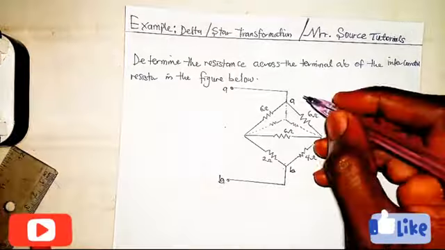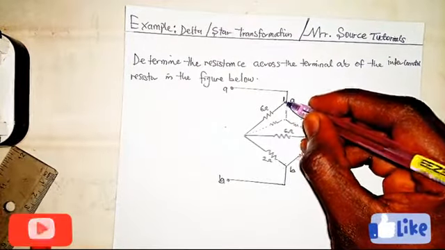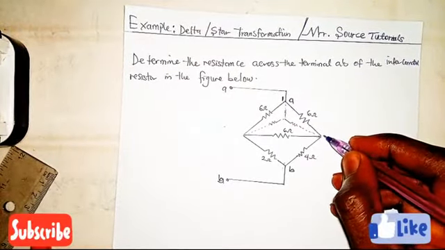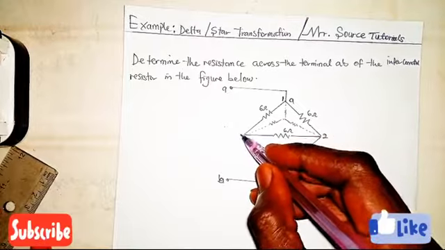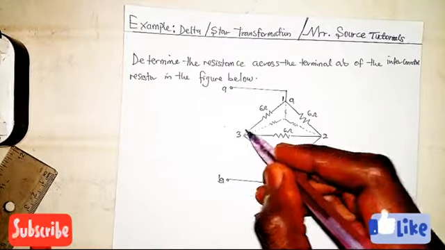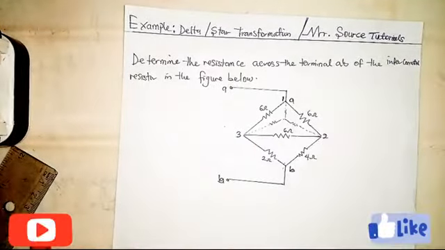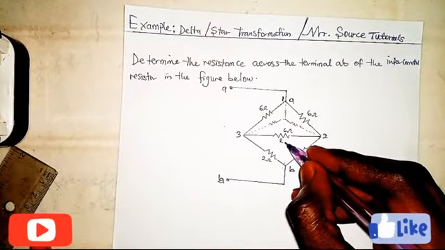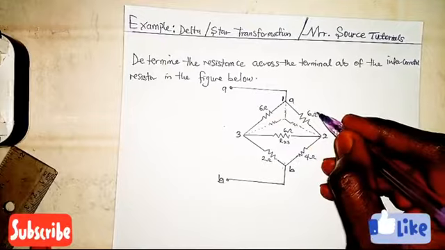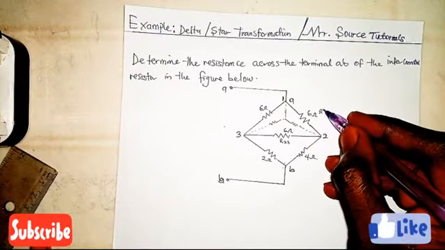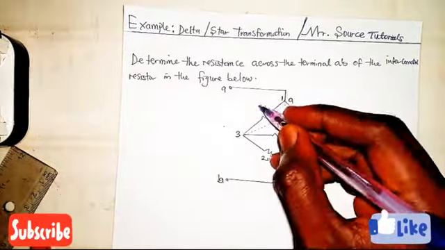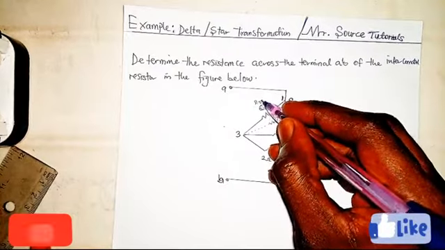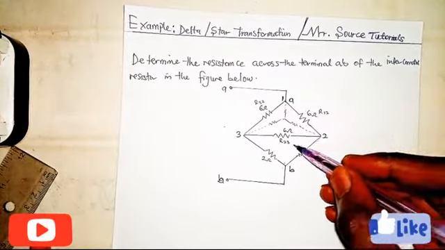So you can call this terminal 1, this terminal 2, and this terminal 3. When you're considering this part, you can call this your R23, this your R12, and this your R32, flowing this way.